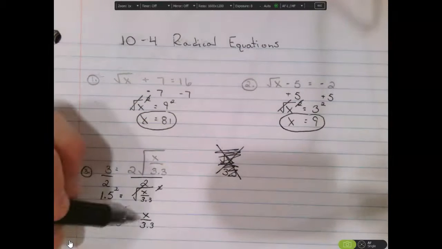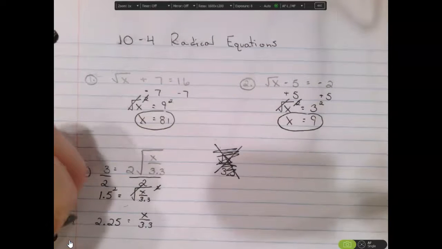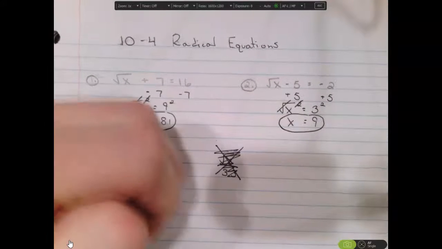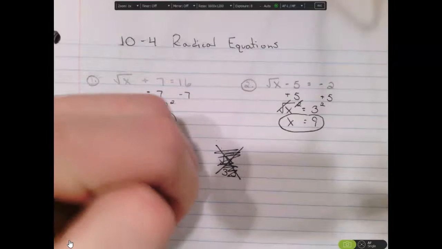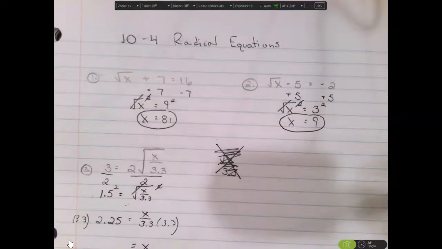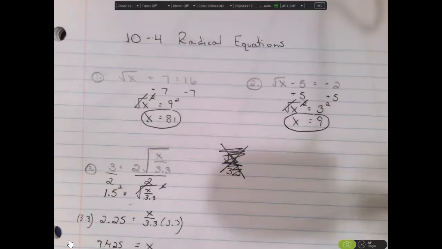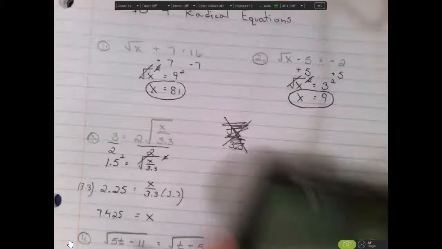Final step, x by itself, I'm dividing, so I need to multiply by 3.3 on both sides. And when I multiply by 3.3 on both sides, x is equal to 7.425. I'm sure a lot of us probably had to use our calculator on that one.